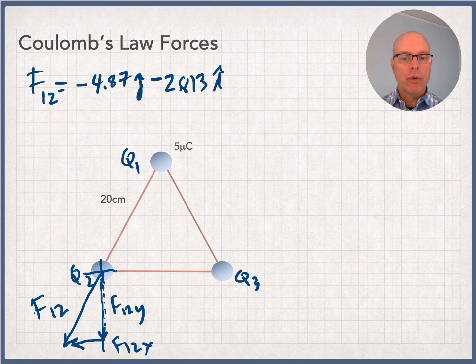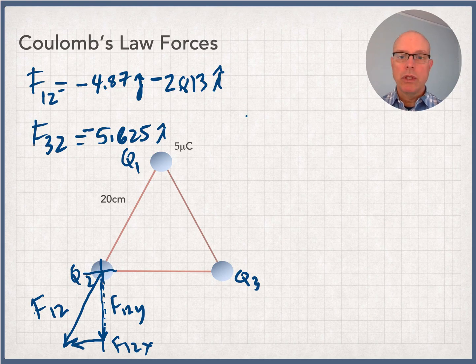Now, force of 3 on 2 is going to be really handy. That's easy to do. Force of 3 on 2 is just straight across to the left, so that's equal to 5.625, and it's going to be in the i direction, except it's to the left, so it's in the minus i direction. And all I have to do to lump these together to get the total force on 2 is to add unit vectors.